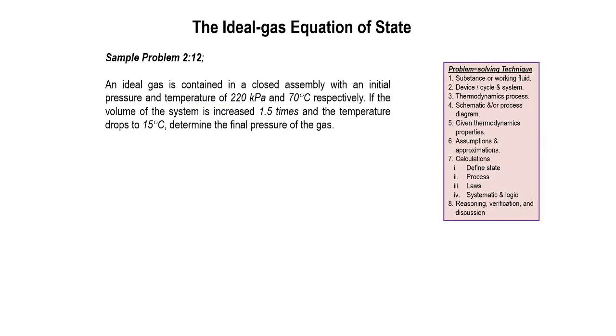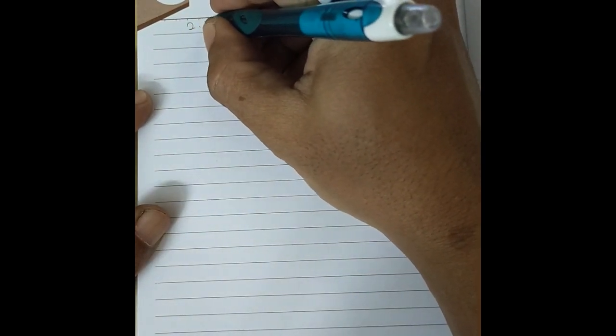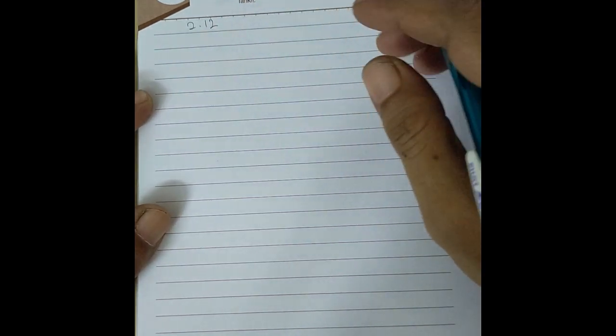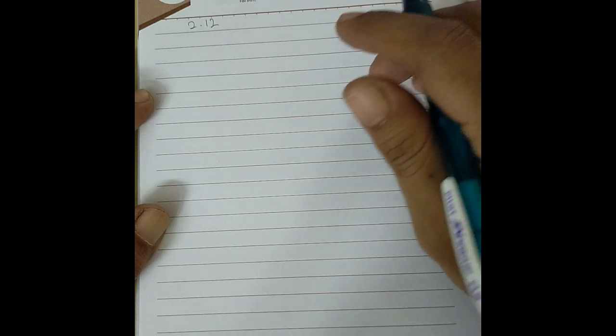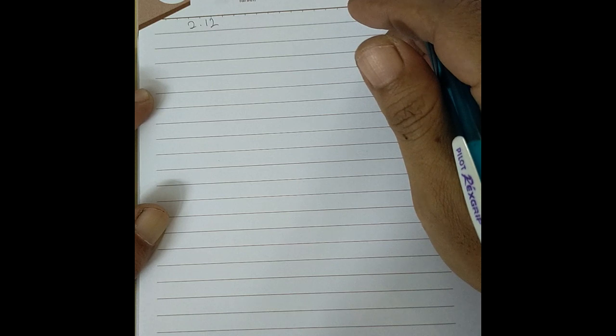Okay, so for example problem 2.12: an ideal gas is contained in a closed assembly with an initial pressure and temperature of 220 kPa and 70 degrees Celsius respectively.